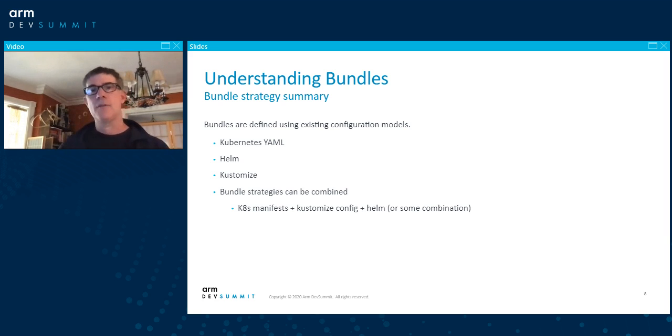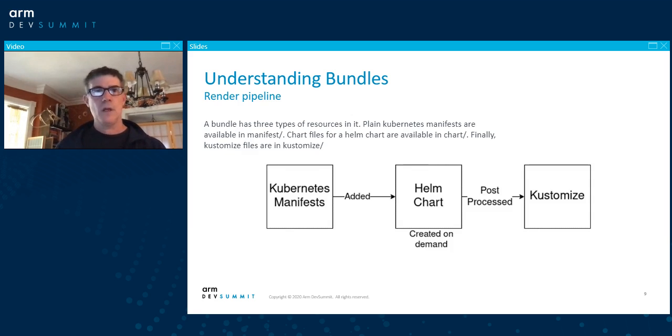Let's look at how the bundle resource gets created from the configurations. So a bundle has three types of resources in it. As I just said, these are the Kubernetes manifests, the Helm chart, and the Customize configurations. We can prepare the resources to be pushed to the target clusters, and actually the target clusters pull this, so it's actually a pull mechanism.